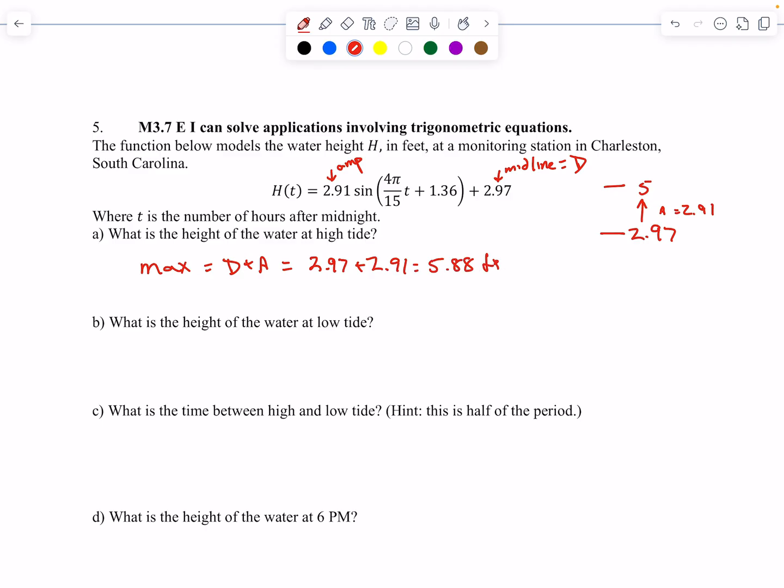So it's 5.88 feet up at the top. Minimum, you subtract off the amplitude. So 2.97 minus 2.91.